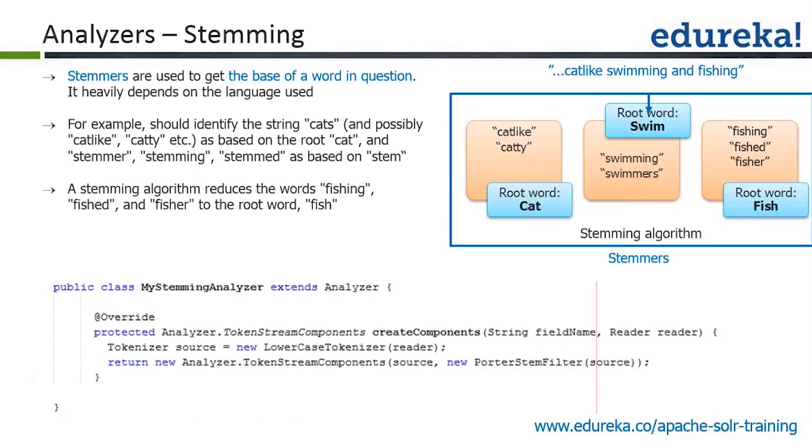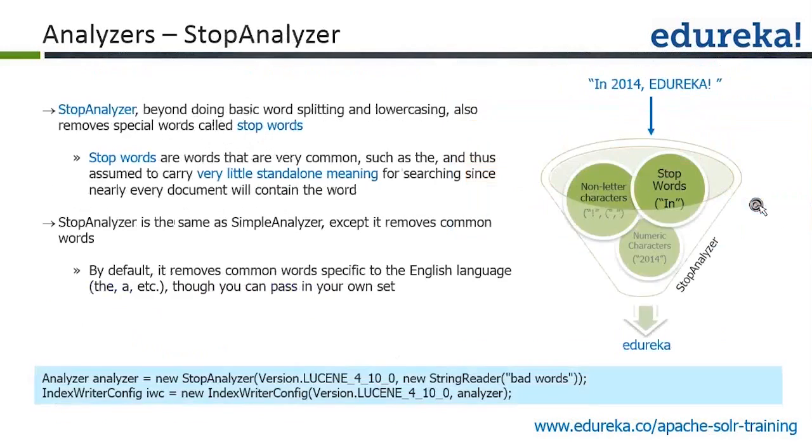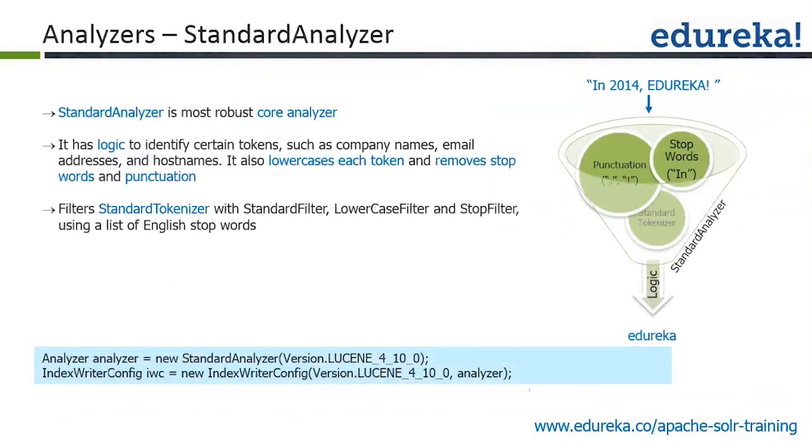In those cases you may have to use something called stemming. Similarly, if your document has words like fishing, fished or fisher, and someone is searching for fish, fisher, fished or fishing, irrespective of which word they are searching, they have to match this particular document.